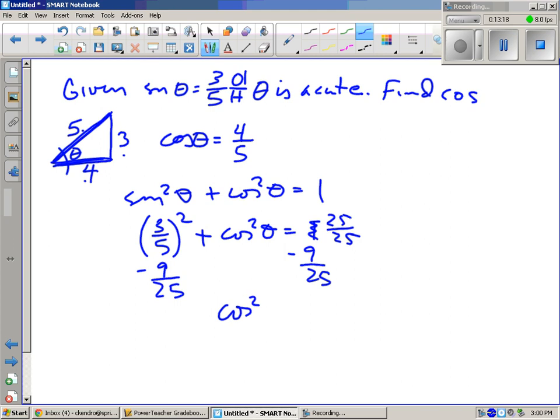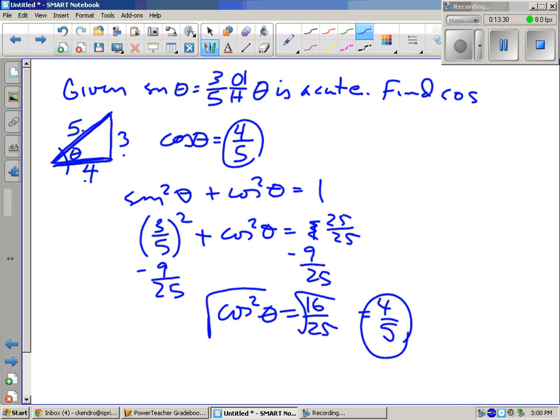So cosine squared equals 25 minus 9, which is 16. Then square root both sides. So I get 4/5. Okay, so you get 4/5 either way. I'm thinking drawing it is pretty fast. You might have to do the Pythagorean theorem to find the third side, but it still works.